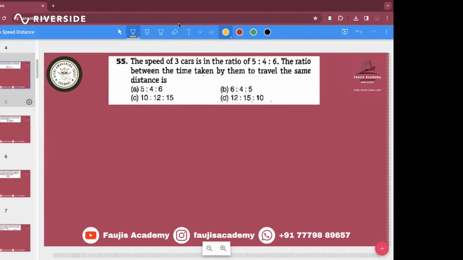Open to the floor. Anyone? Yes, option D. Who is that? Shruti, sir. Okay, cool. Nobody contending for option B? Many teachers teach that the time taken will get reversed.